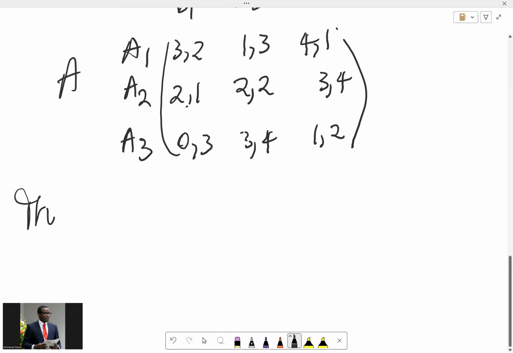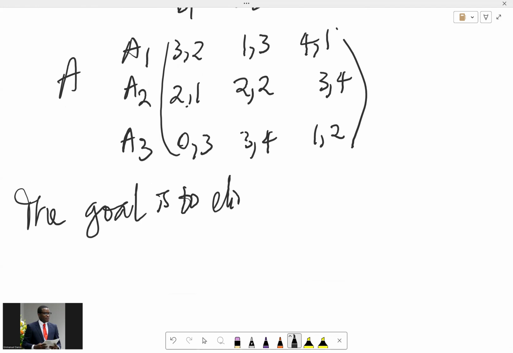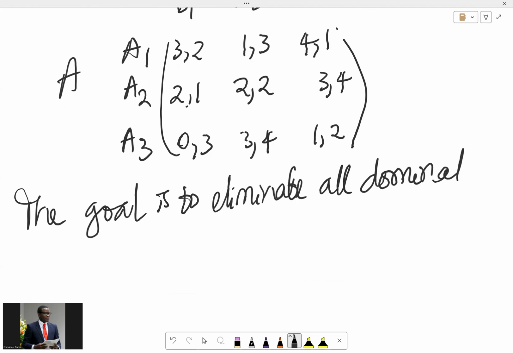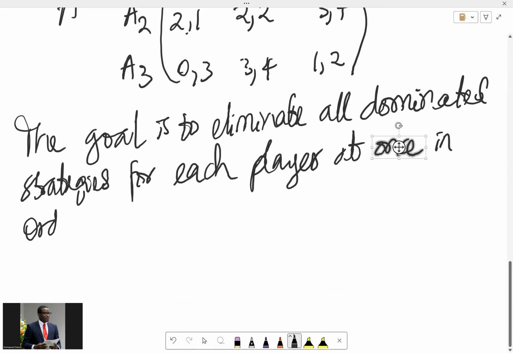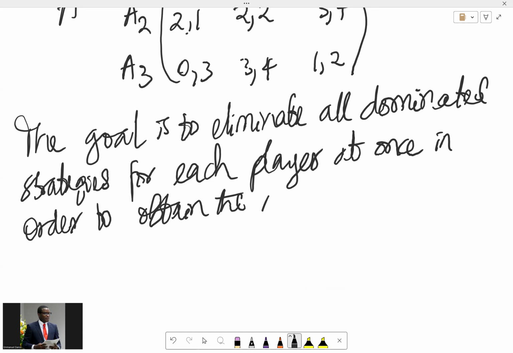So the goal is to eliminate all dominated strategies for each player at once, in order to obtain the Nash equilibrium.